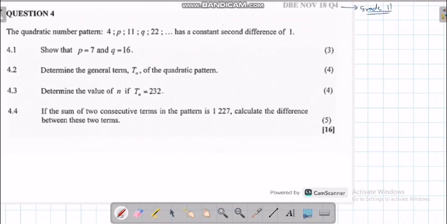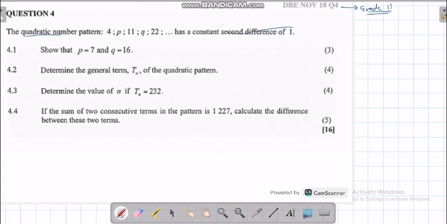Grade 11, November 2018. So now they are saying the quadratic number pattern 4, p, 11, q, 32, etc. has a constant second difference of 1.